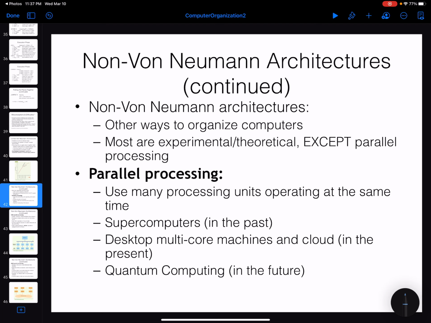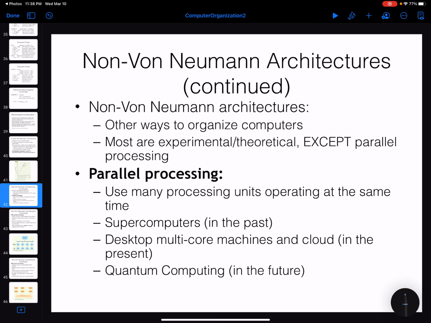So what is parallel processing? Parallel processing means that instead of having one processing unit, we have a couple of processing units, for example, a couple of arithmetic logic units.